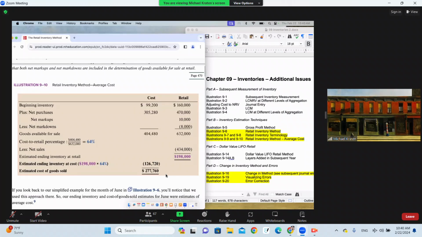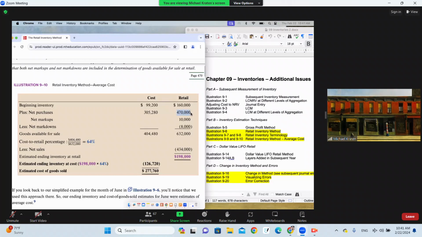Okay. Then, with all this, as you can see, the basic estimation process is pretty much exactly the same as the one that we reviewed in illustration 9-6, the first illustration we looked at today.